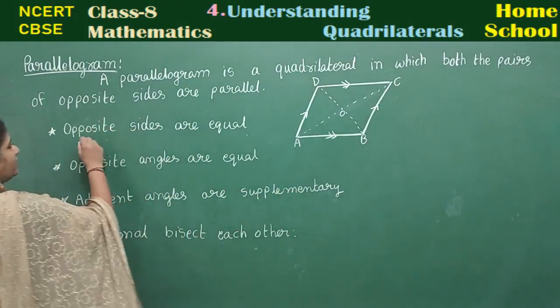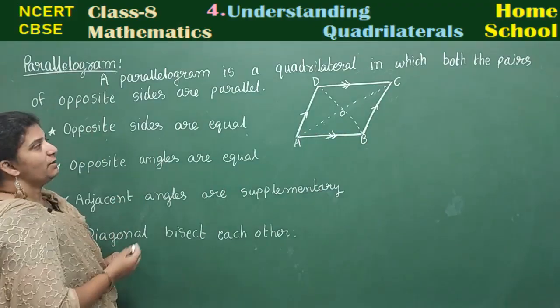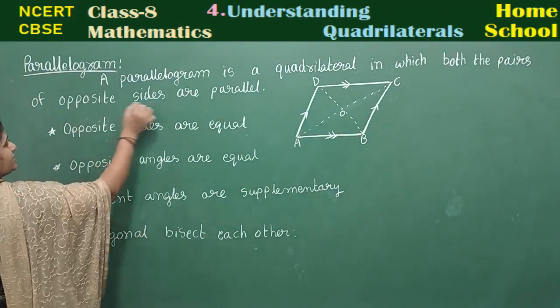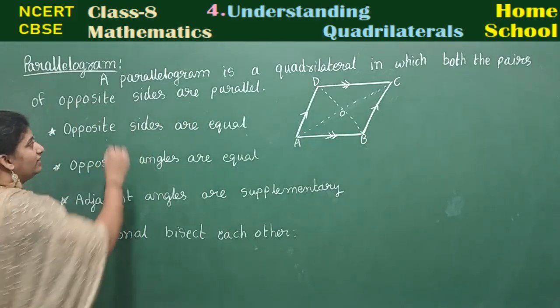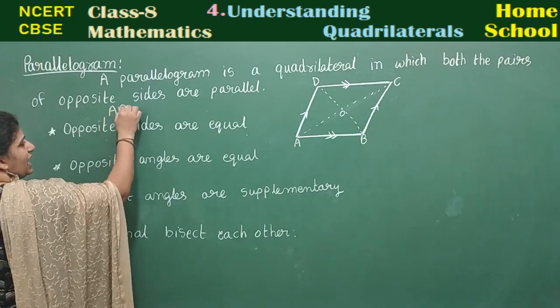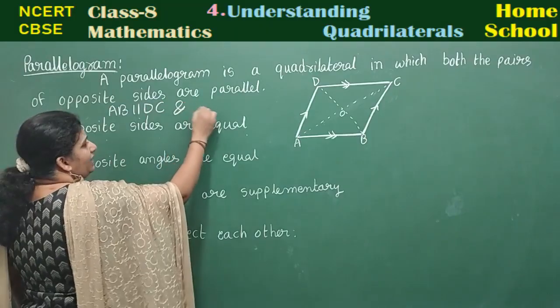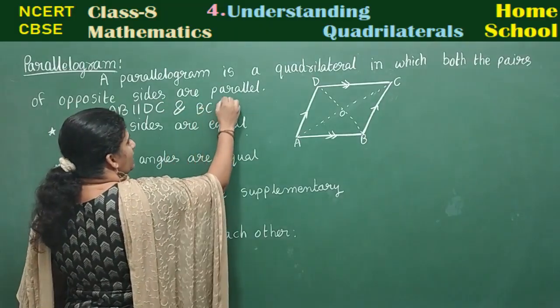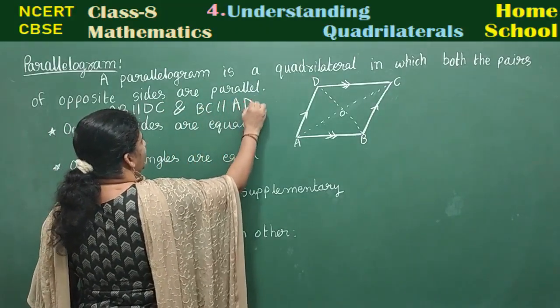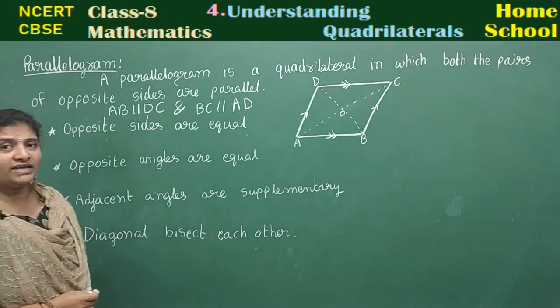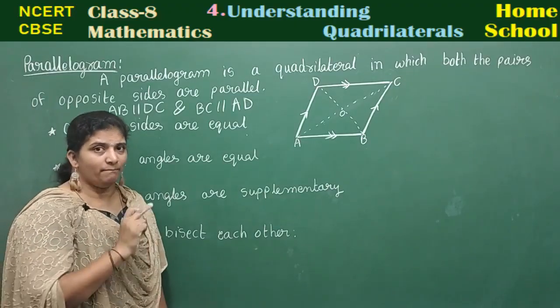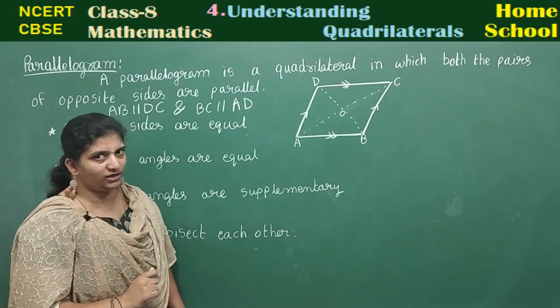Let us write that when opposite sides are parallel: AB parallel to DC and BC parallel to AD. Two pairs of opposite sides are parallel in a parallelogram.